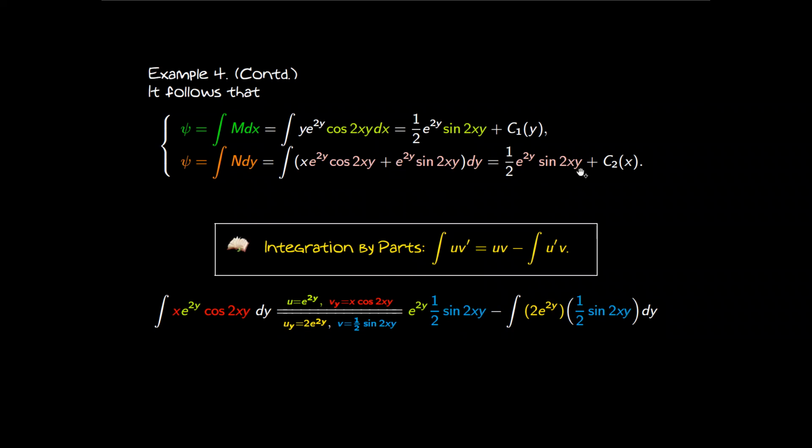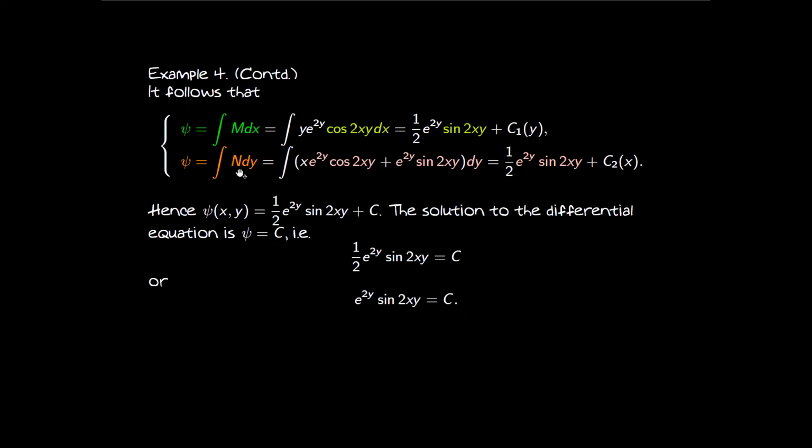Okay, so now we finished integrating both M and N, and we found pretty much the same expression. So that will be our potential function psi. And once again, the solution of this equation is implicitly defined as psi equal to c, so we get half of e to the 2y times sine of 2xy equal to c.